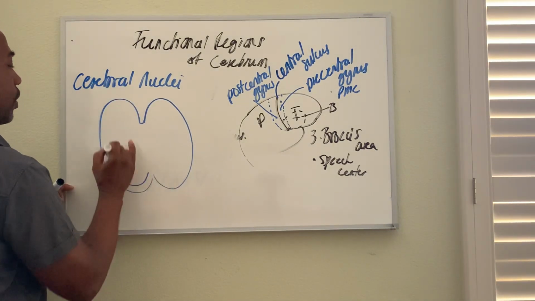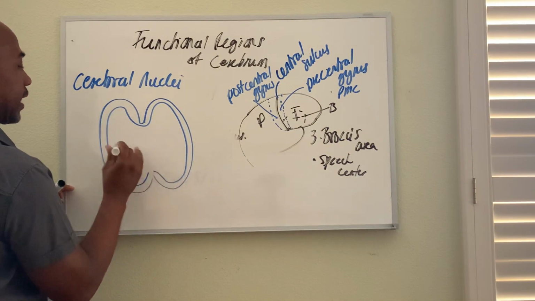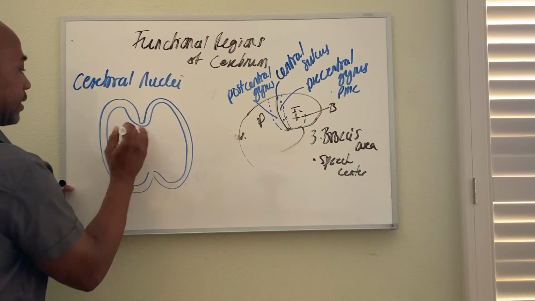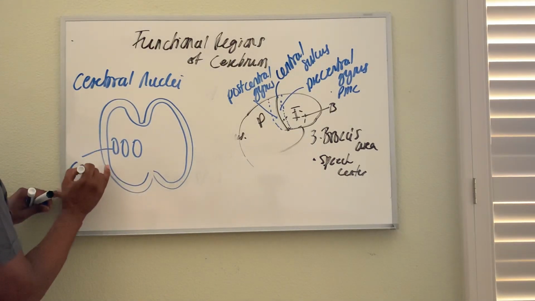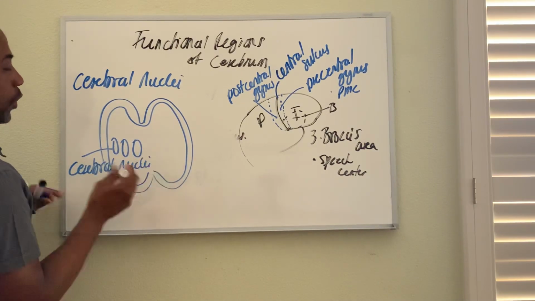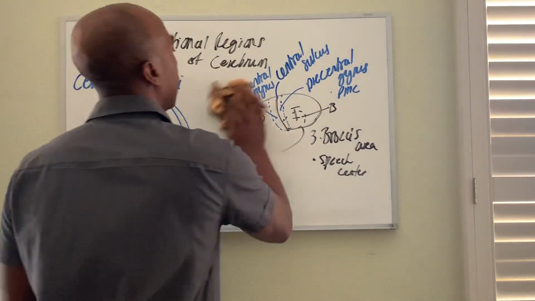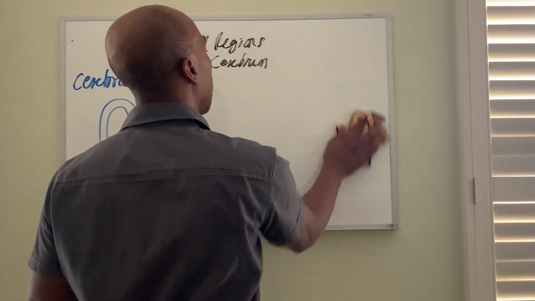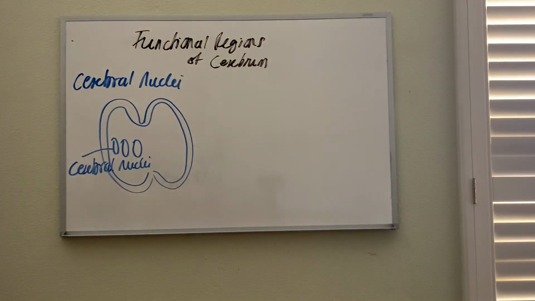Here was the outer gray, and then these inner gray matter areas we call your cerebral nuclei. These are given names, and I'm just going to briefly mention their names and tell you what they do in an overview fashion. We will not dig into these parts.